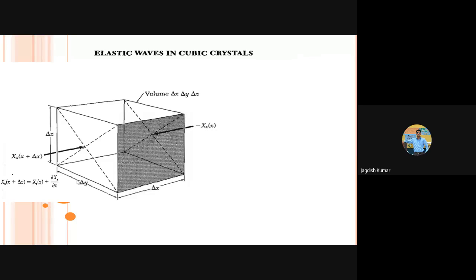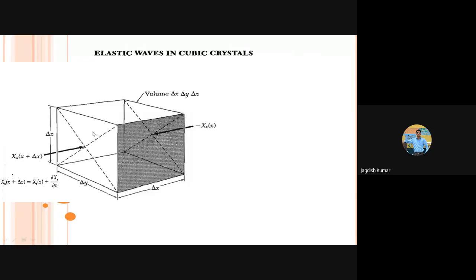So the net force acting on this small volume along x direction, this is a stress, right? So net stress will be the difference of the two, because this is supposed to be acting along this direction, and this is supposed to be acting along this direction perpendicular to the face, and they are acting opposite to each other.